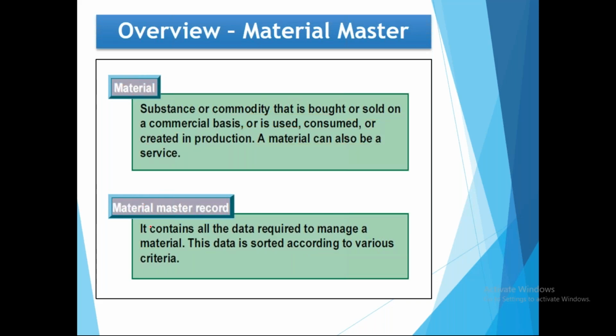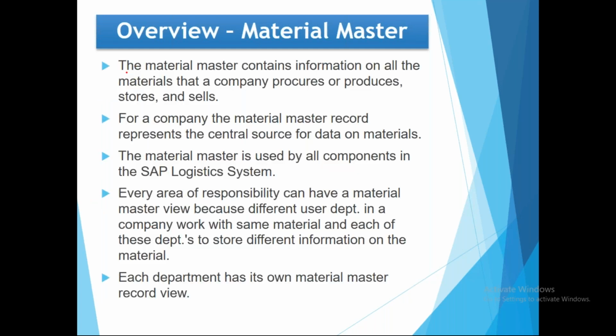The material master contains information on all the materials that a company procures or produces, stores, and sells. For a company, the material master record represents the central source for data on materials. Why it is called central source, I'll tell you in a minute.